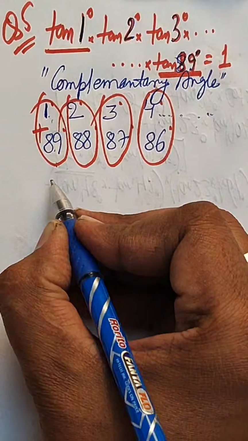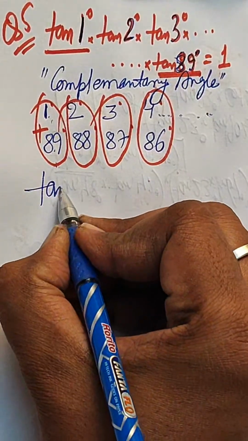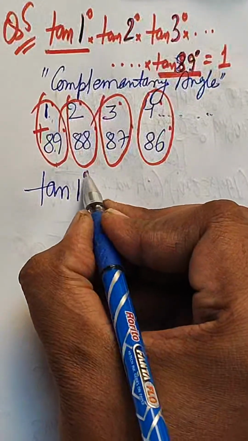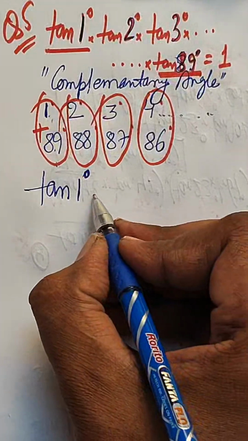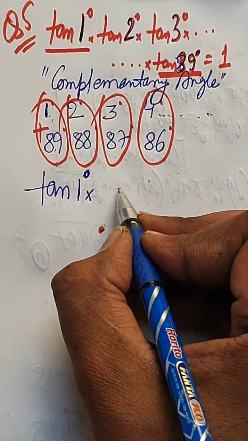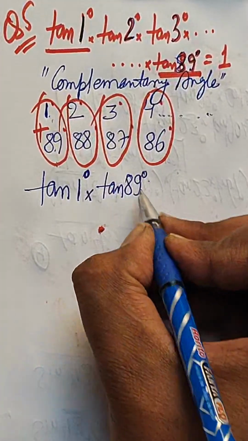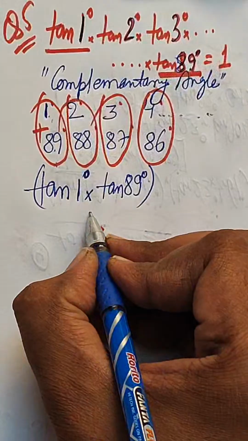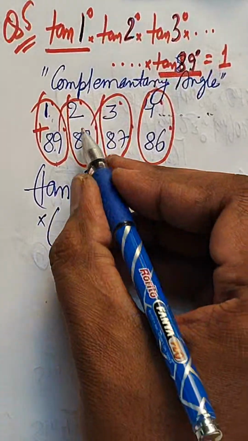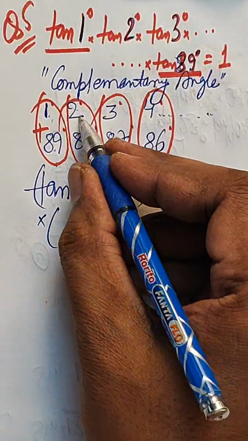So what we will do: tan of 1 degree, since all are in product, just write it as it is, into tan of 89 degree, multiplied with another pair, 2 and 88.